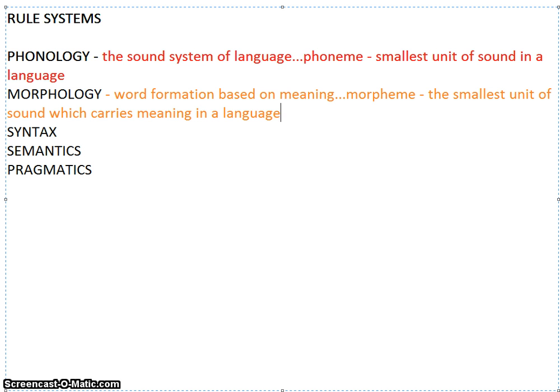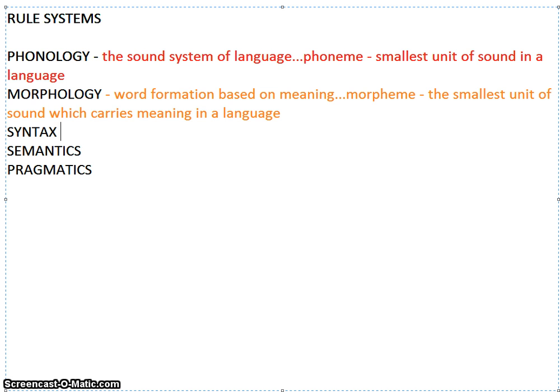So an example of a morpheme would be mama, because that makes sense, or cat would be a morpheme. You can't really get smaller than that and still have it be a word that makes sense. So these are the smallest words you can have, the smallest unit of sound that has meaning, like a word.